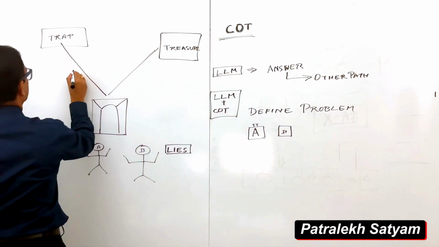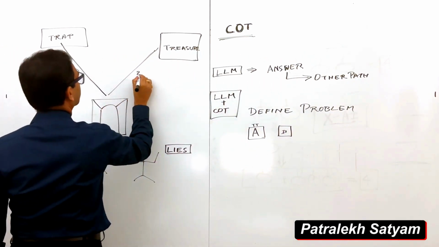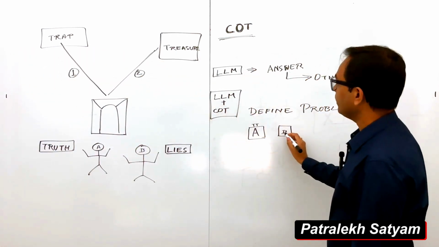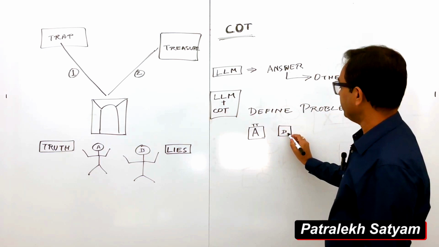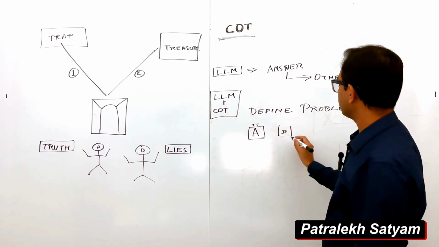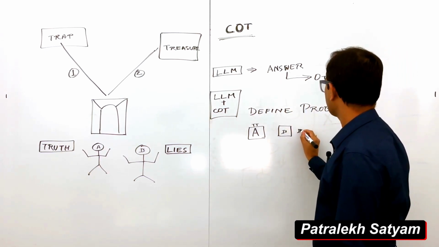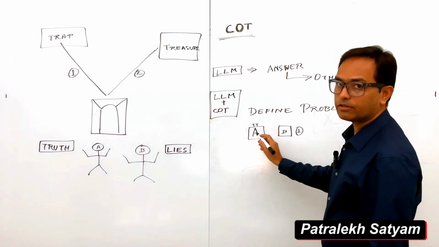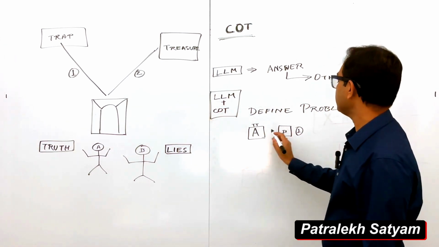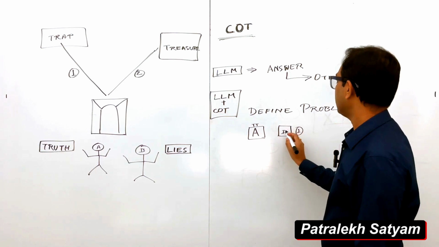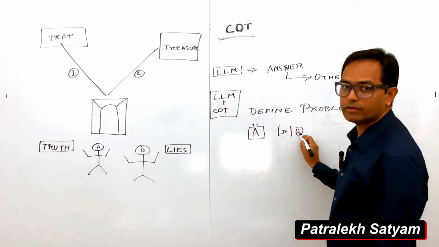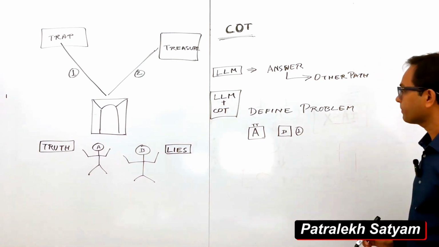Let's number the routes 1 and 2. B will always lie. So if I ask B, where is the treasure? It will say 1. Since this guy is always saying the truth, he will truly say that if you ask B, B will lie, and it will say, take route 1.